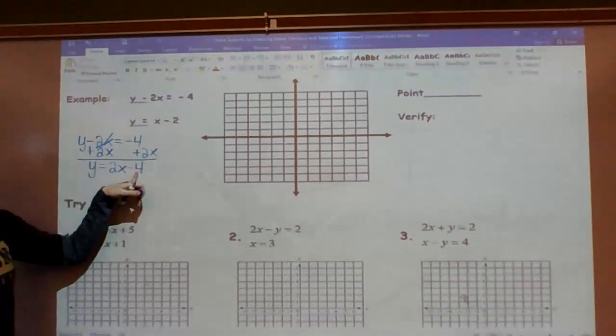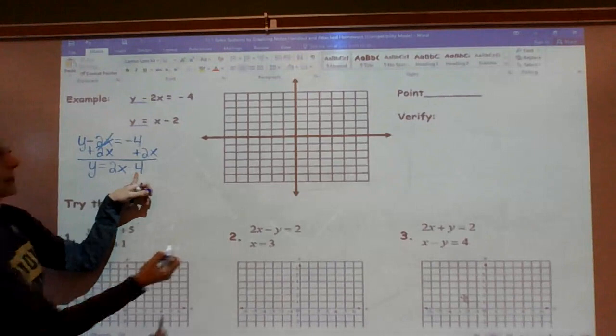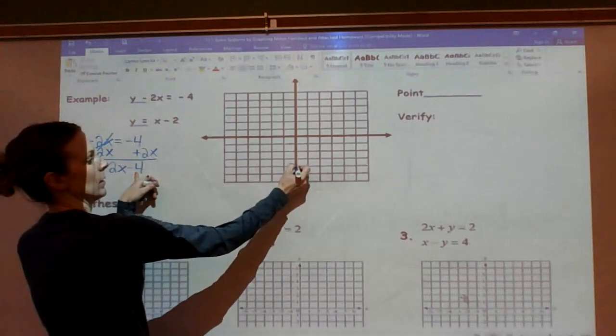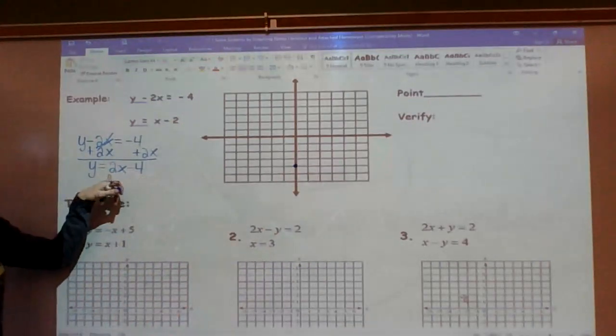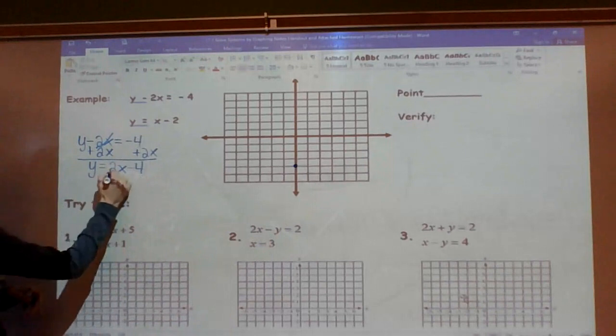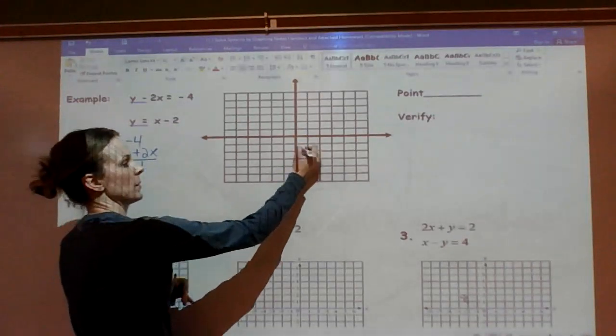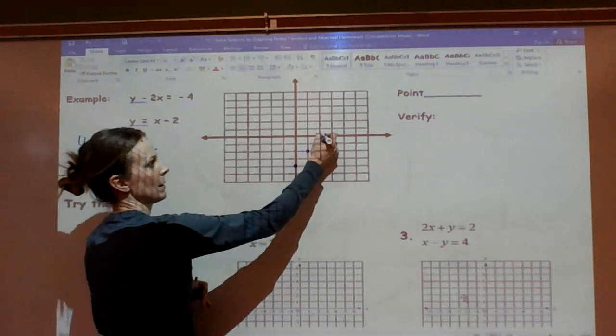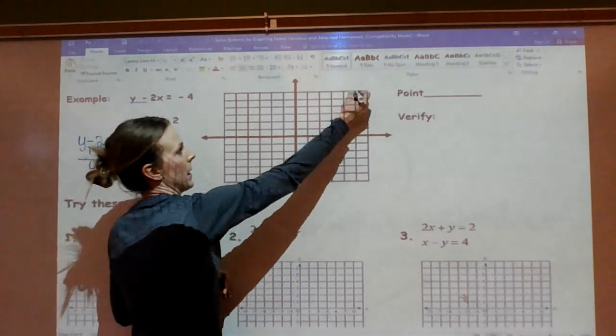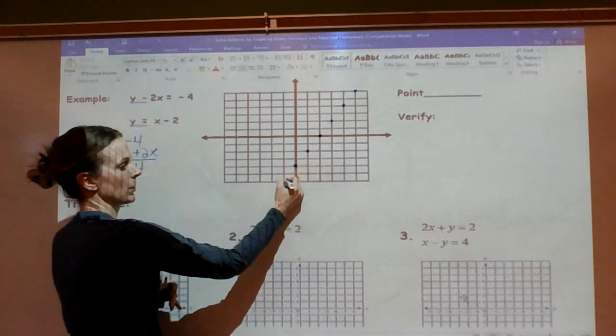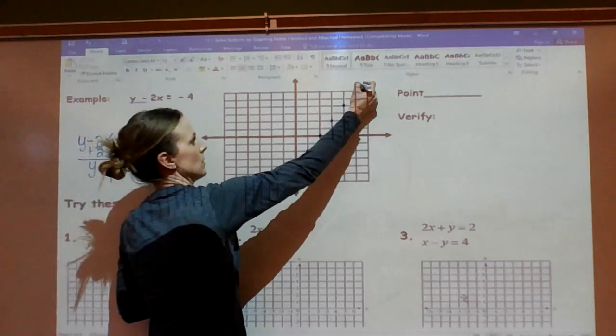So I can see that we need to plot our y-intercept at -4. And then I'm going to look at my slope of 2, which as a fraction is 2 over 1. So I'm going to rise 2 and I'm going to run 1. So up 2, right 1. And I'm going to keep continuing that pattern until I'm off the grid, and I'm going to reverse it and then draw my line.